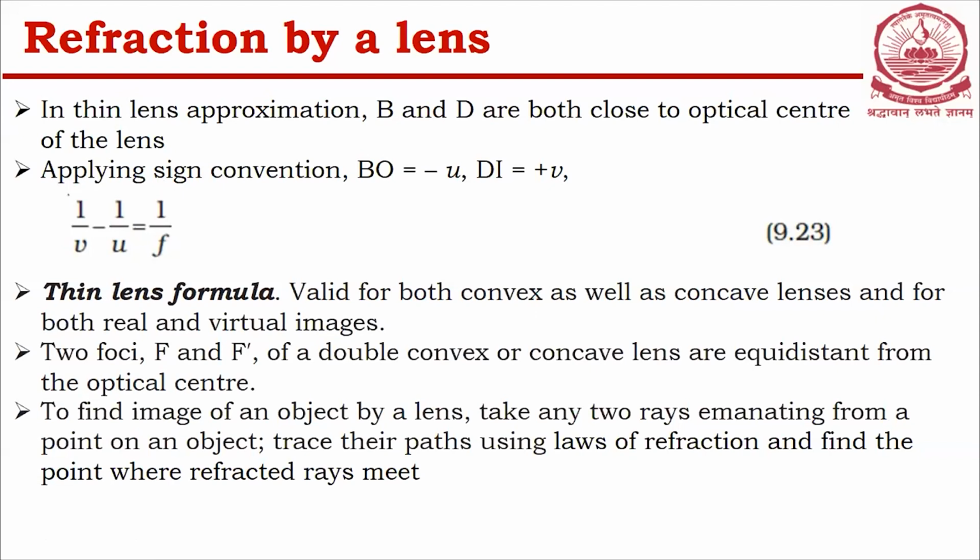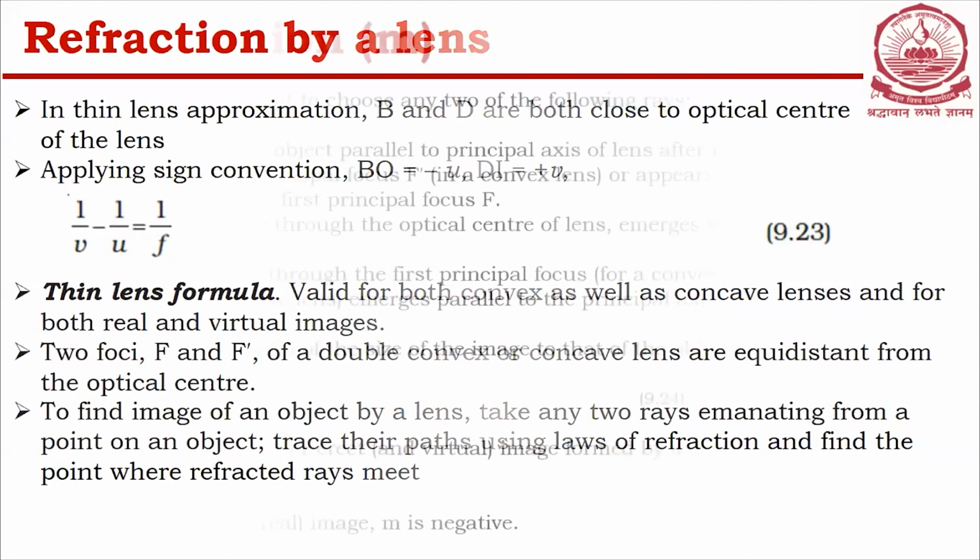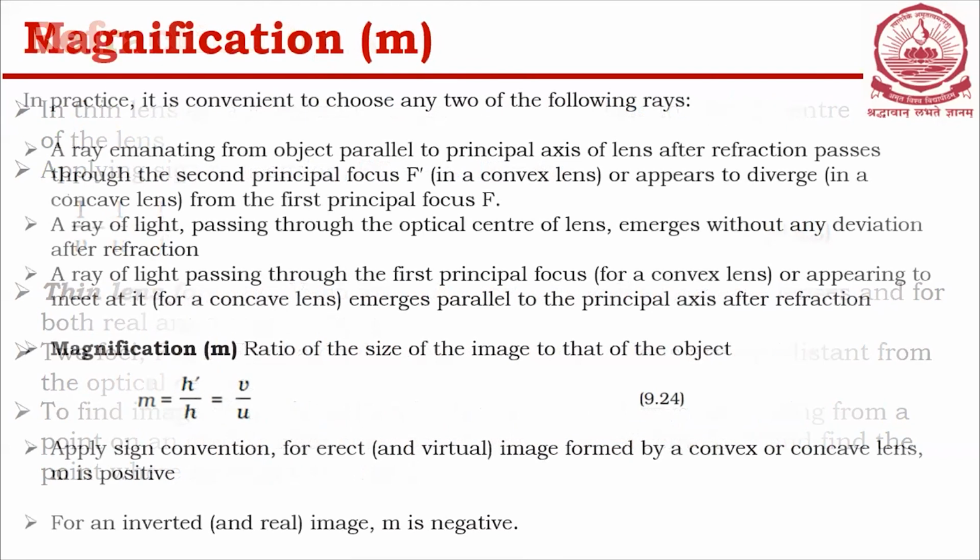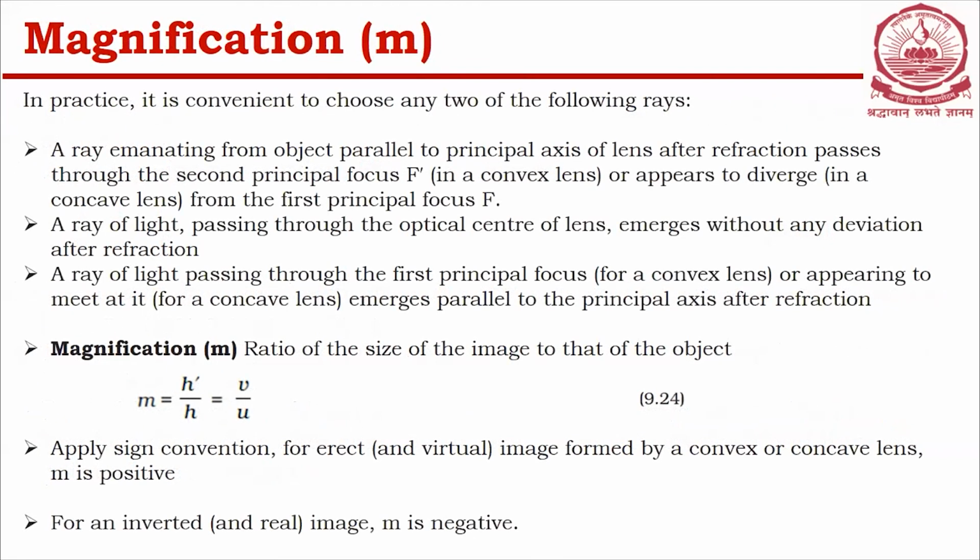So this is regarding your Lensmaker's equation. You have to consider refraction through the spherical refracting surfaces, first face and the second face, add those two equations, rearrange them and apply the sign convention, and you will get the Lensmaker's equation. Now, coming to magnification: it is the ratio of the size of the image to the size of the object.